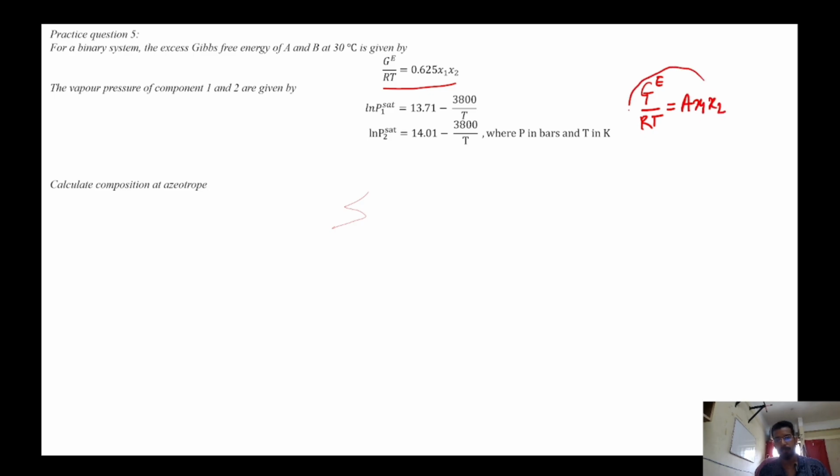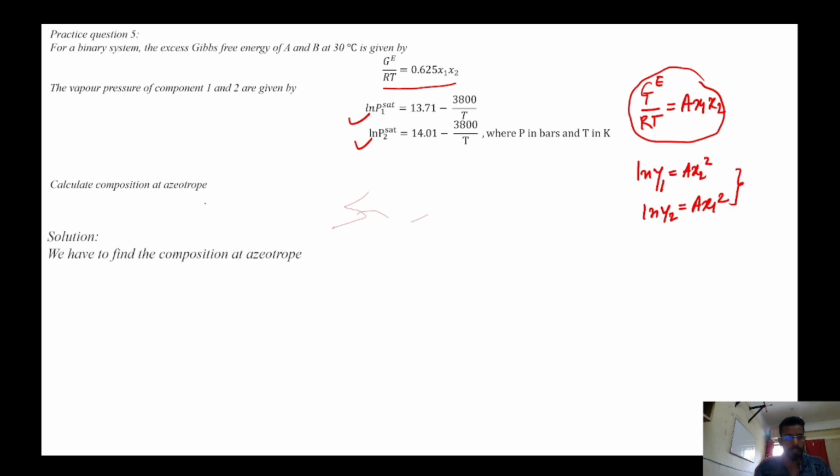When this standard expression is given, automatically ln gamma 1 is equal to A x2 square and ln gamma 2 is equal to A x1 square, where gamma is the activity coefficient. The vapor pressures of component 1 and 2 are given by these formulas. Calculate the composition at azeotrope. Okay, so we have to find the composition at azeotrope.